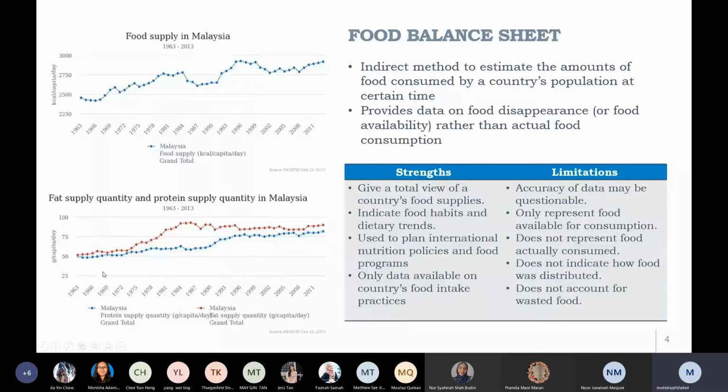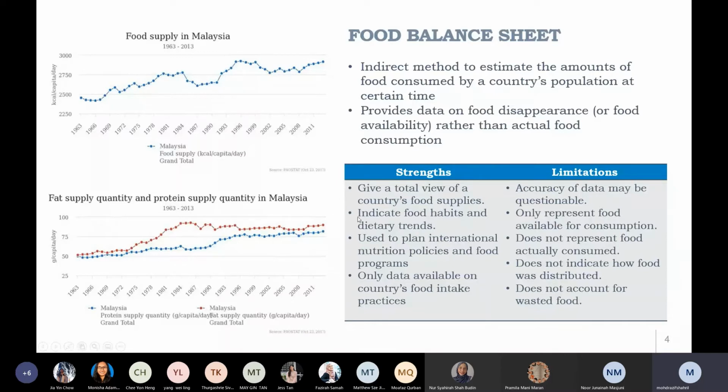We can also see that both fat supply quantity and protein supply quantity kept on increasing in line with the calorie intake. It started at 50 grams per capita per day, and now it is around 80 to 90 grams per capita per day in 2013.